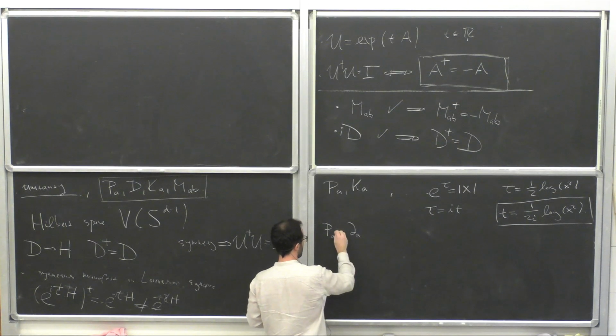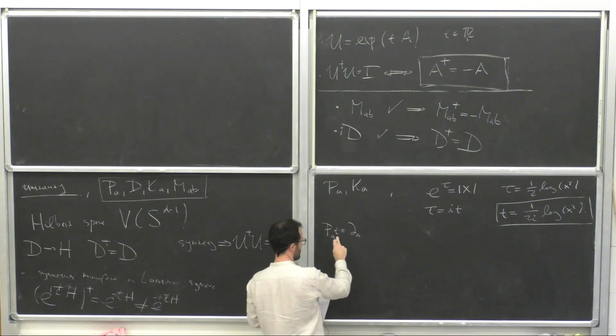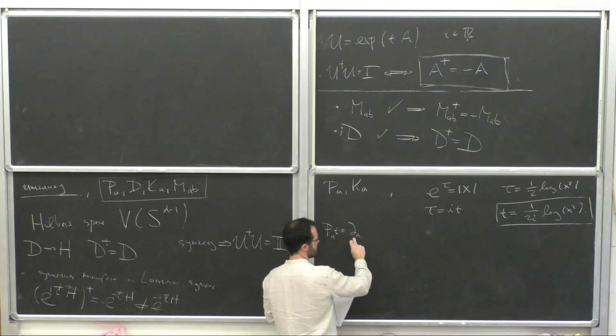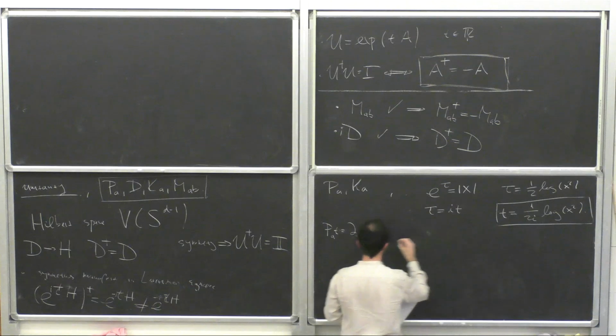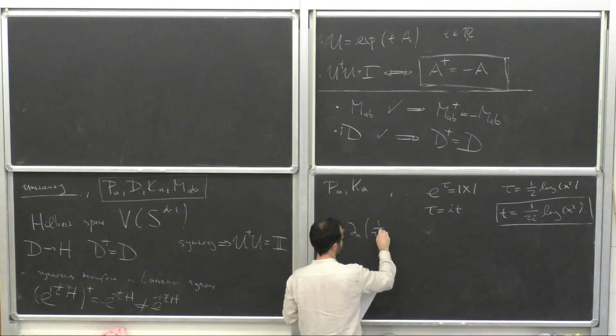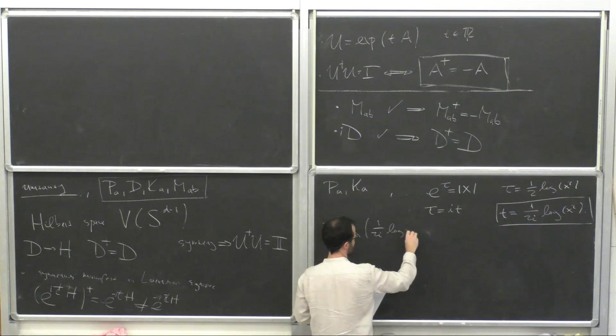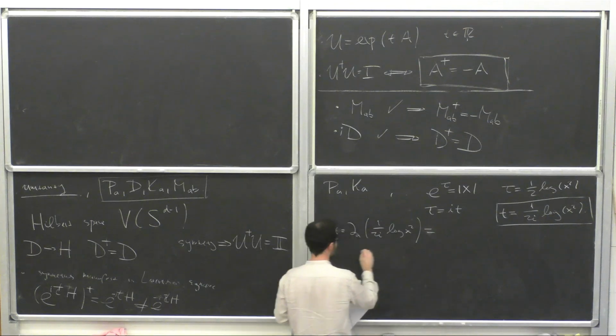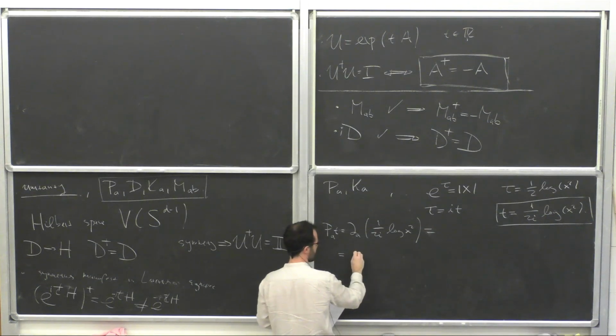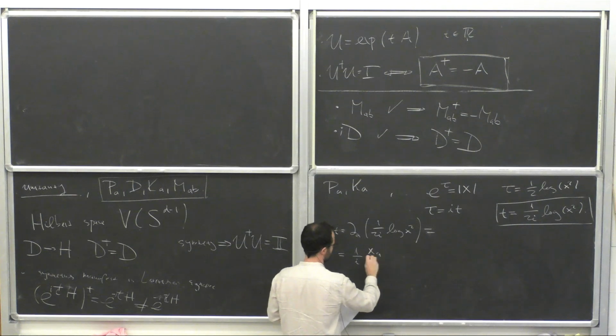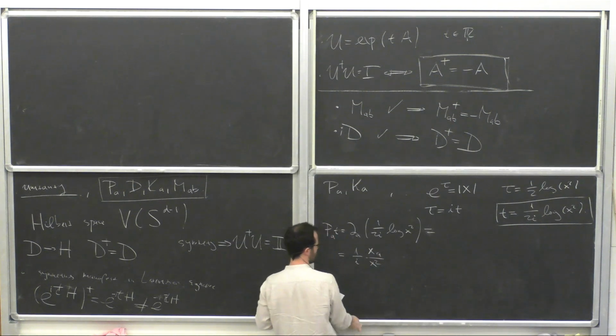So when you translate Lorentzian time, it's like acting with a derivative on this expression, which is the same thing as 1 over i times x_a over x squared.